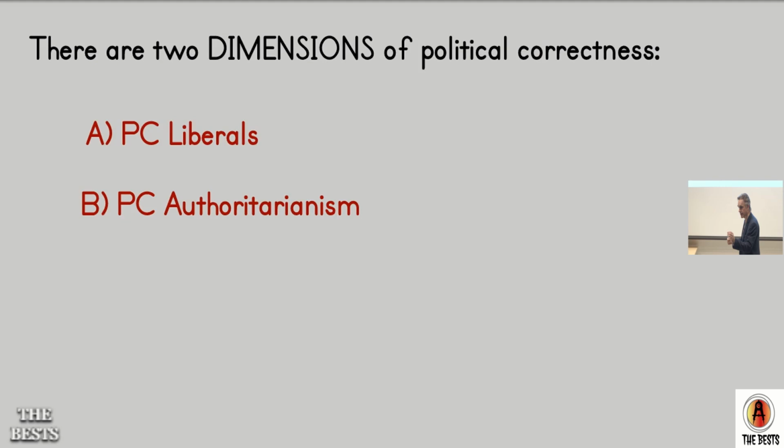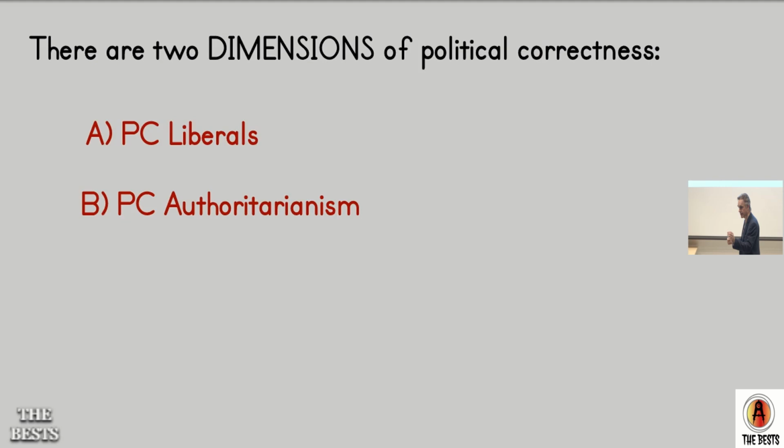The difference isn't huge. And conservatives are more polite than liberals, and the difference isn't huge. So those are the two aspects of agreeableness. If you put them together, they cancel each other out, and so on average, conservatives and liberals don't differ in agreeableness. But political correctness did clump together into two categories.